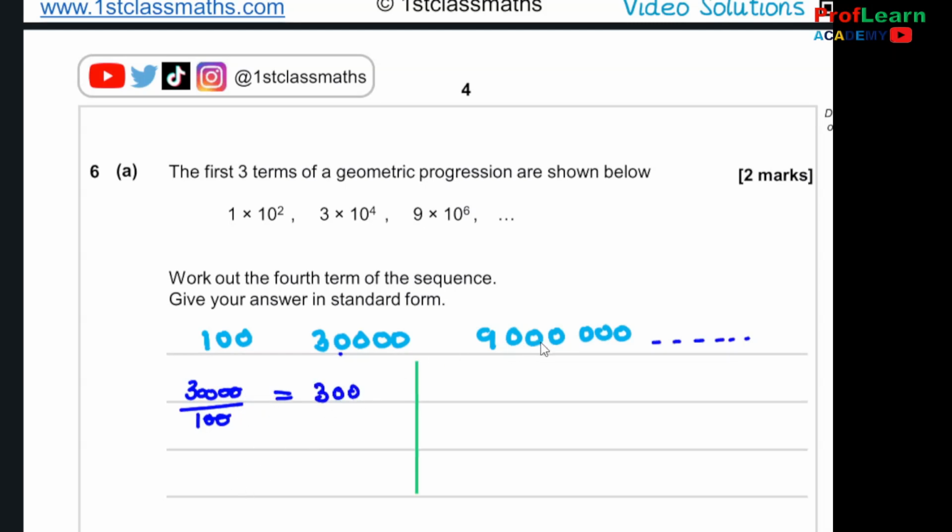Also, if you take this 9 million divide by 30,000, if you divide this, we are still going to get 300.